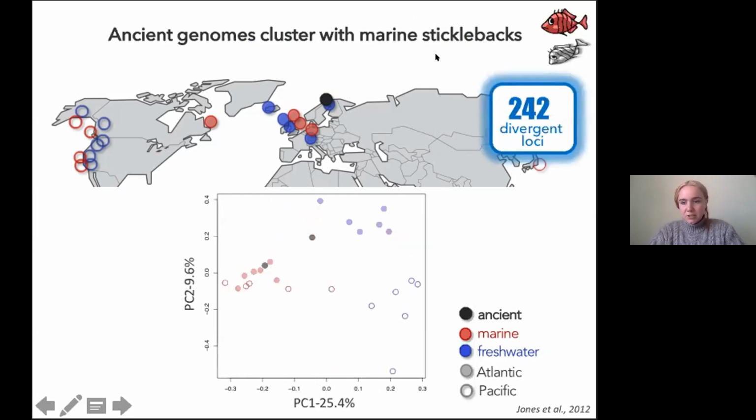When we looked at these 242 divergent loci, which we think are part of the parallel adaptation between marine and freshwater environments, we can see that PC1 is separating the red and the blue, so the marine and the freshwater sticklebacks from each other. And the ancient sample from Lake 2 is actually clearly clustering with the marine sticklebacks. And this makes sense because this sample is from the brackish phase.